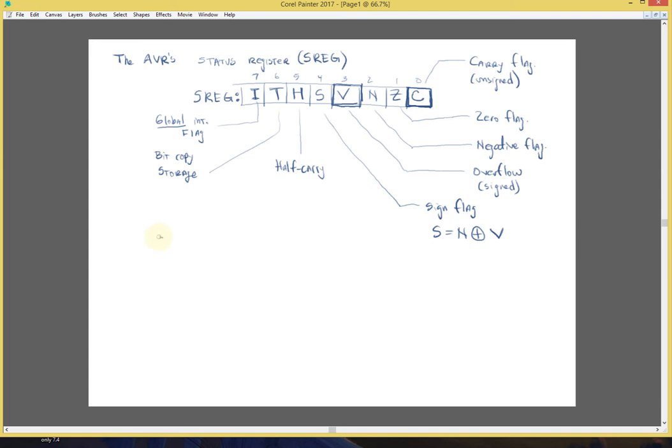You'll learn that in a different video and in a different laboratory exercise for my students. But basically, there are two things you need to know. You can turn this global interrupt on using the SEI instruction, which means set interrupt, setting it to 1, and the CLI instruction, clear interrupt, will clear this to 0.